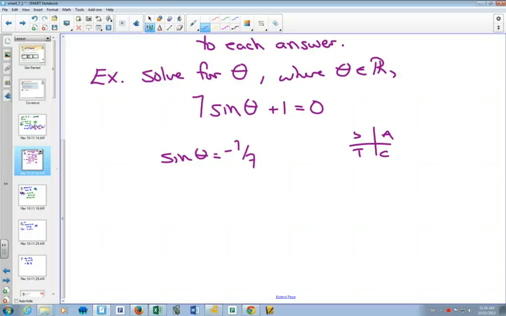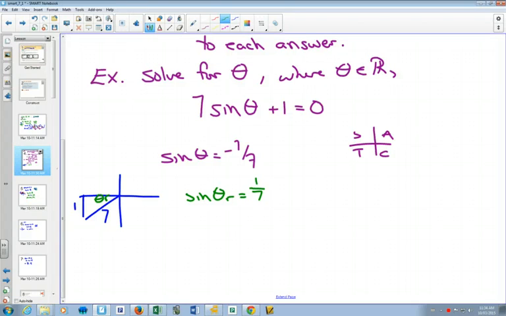If you want to draw a picture of what's happening, you know, opposite side is 1, hypotenuse is 7, and here would be our reference angle. Now again, once you get better at these, you won't have to draw your reference angle over and over again. However, drawing your reference angle is a nice reminder that we use positive values for finding it.